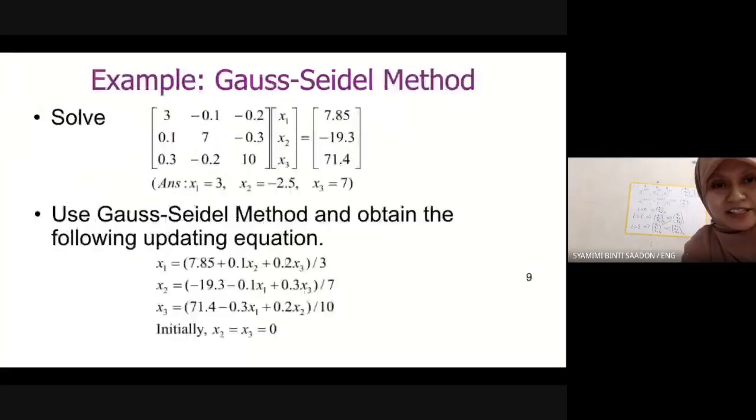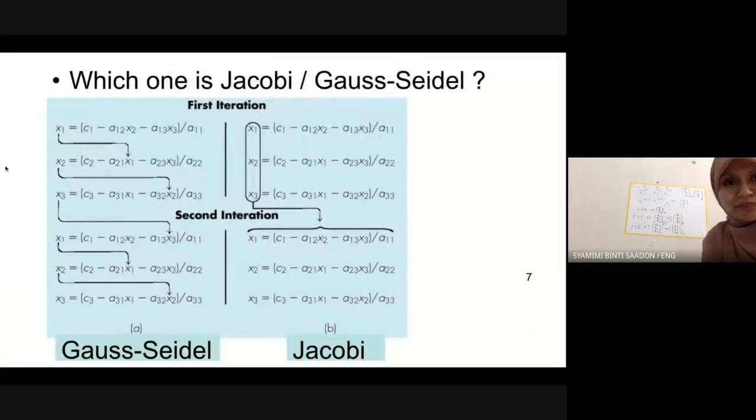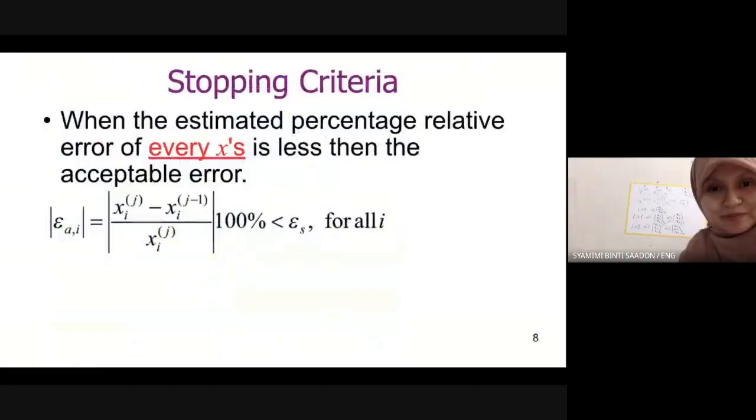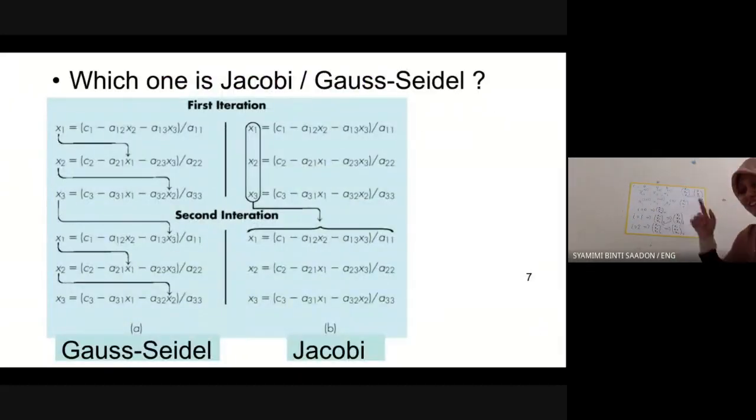For example, just now this one means the second iteration. This is the first iteration, this is the second iteration, right?